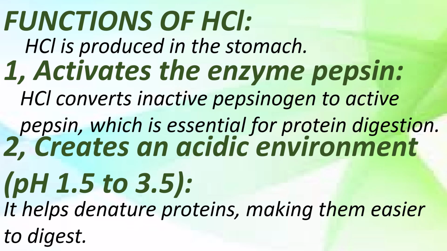When we take food, the proteins are in fully natured form or folded form. The HCl present in our stomach denatures protein, means unfolding of protein occurs. Due to unfolding of protein, the digestion is easier.